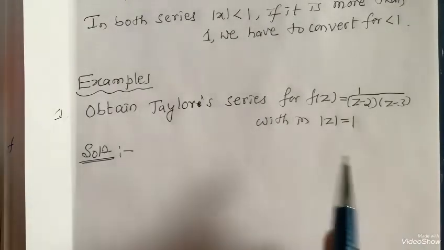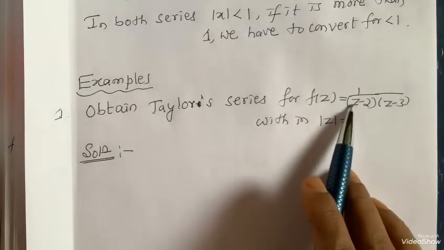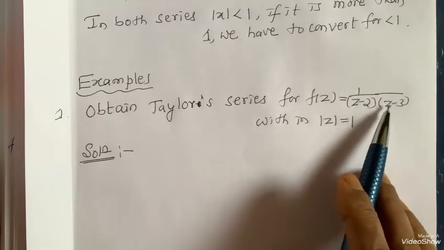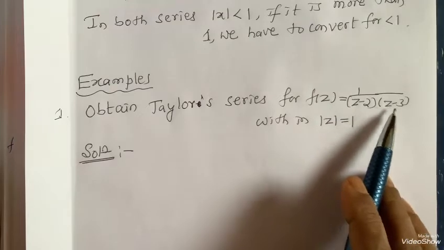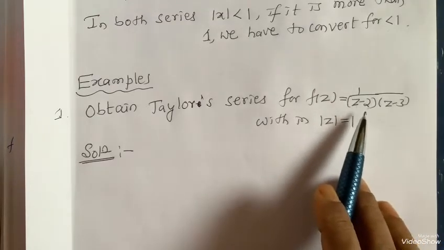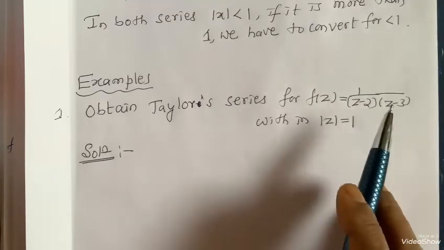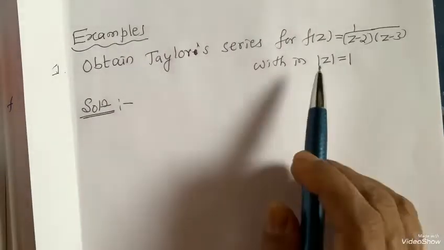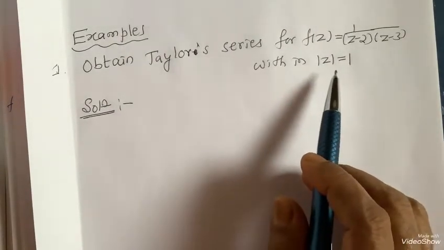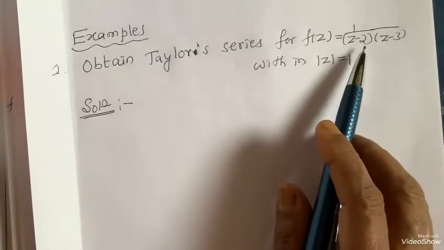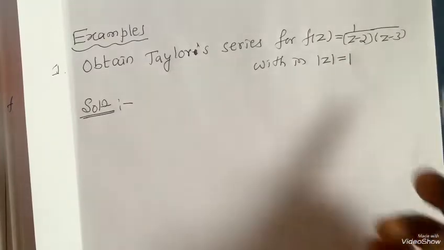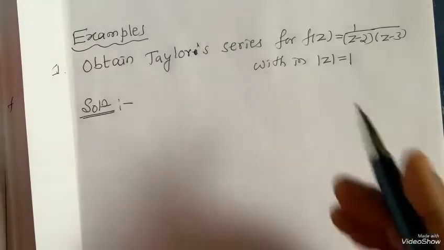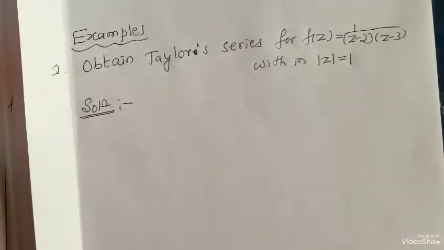I will tell the procedure first. If there are more than one factor, first use partial fractions to convert into fractions with only one factor in the denominator. Here there is only one region, though there can be 3 regions: mod z less than 2, between 2 and 3, and more than 3. Here they have given the circle mod z equal to 1.